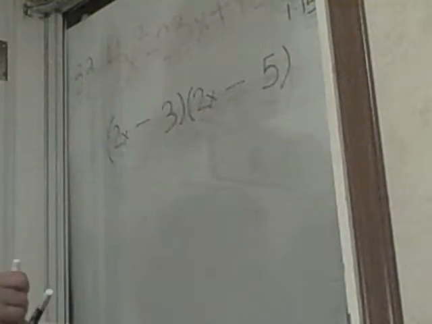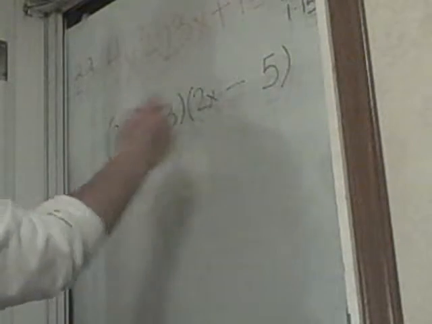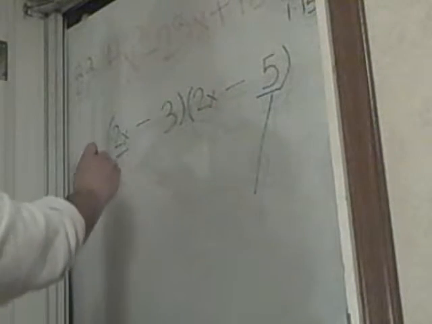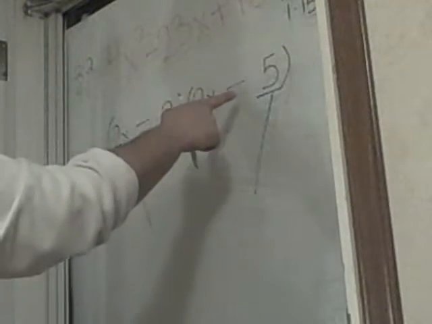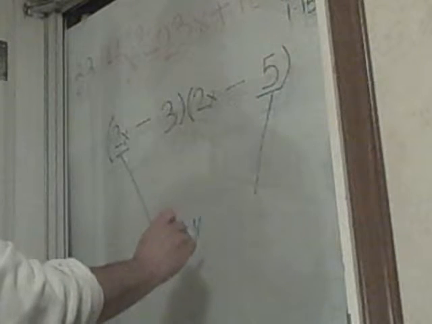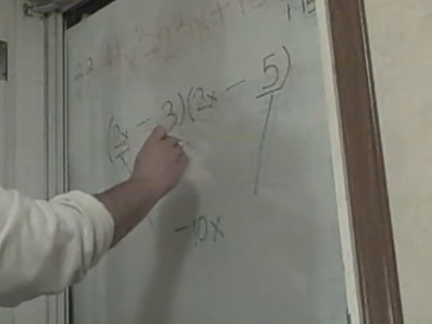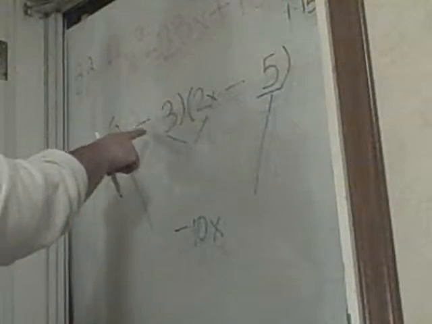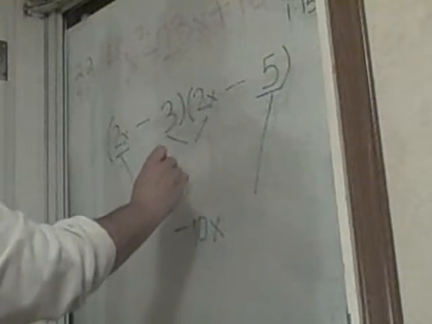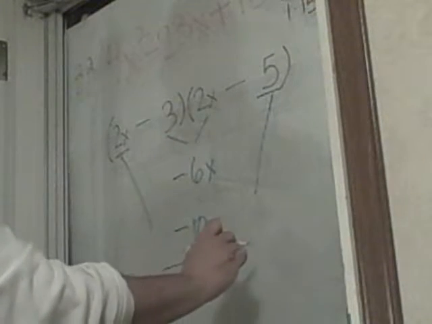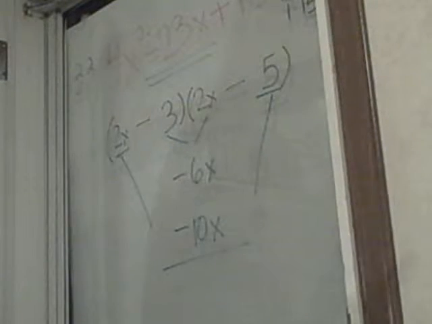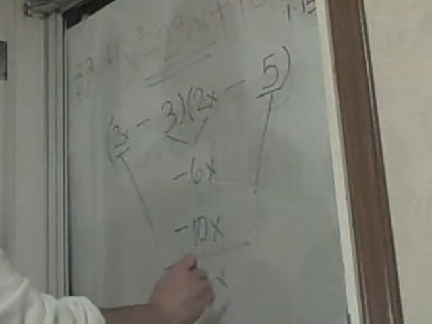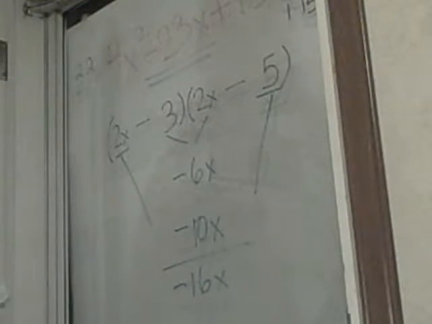The process is combining the outer terms, multiplying them, 2x times negative 5, negative 10x, multiplying the inner terms, negative 3 times 2x is negative 6x. Combining those should get that middle term if it's factored correctly, which it's not, because those things combine to get 16x. So that's not right.